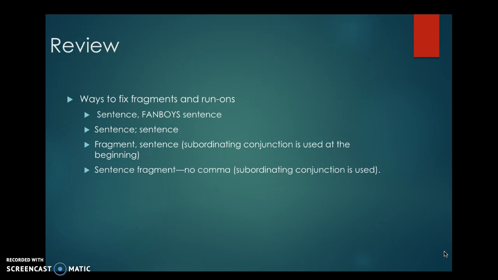The last example, if I start with a sentence, I end with a fragment, and what that means is that there's a subordinating conjunction that's used in the middle. Again, whenever you put a subordinating conjunction at the beginning of a sentence, it automatically makes it a fragment, so that's why it's written that way.